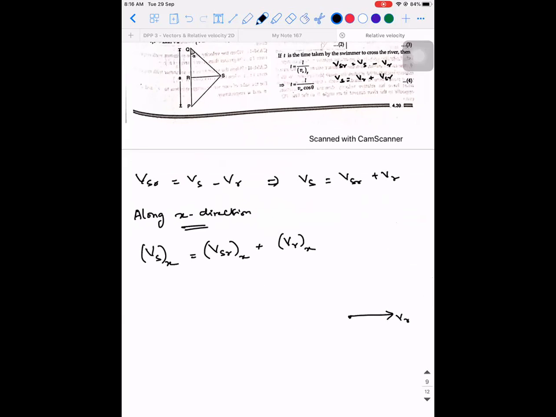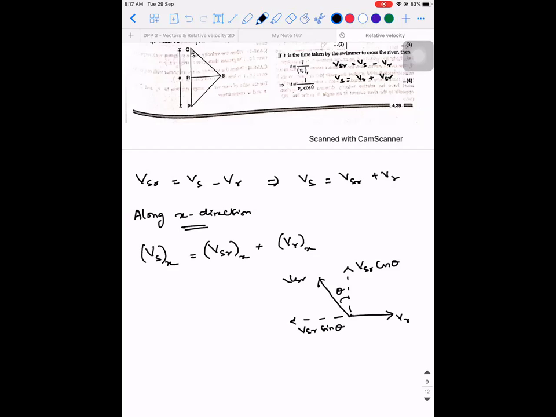Now let's try to draw a separate diagram. This is VR. This is VSR. Correct? If I take this as theta, then VSR can be resolved into 2 components: VSR cos theta and VSR sin theta.